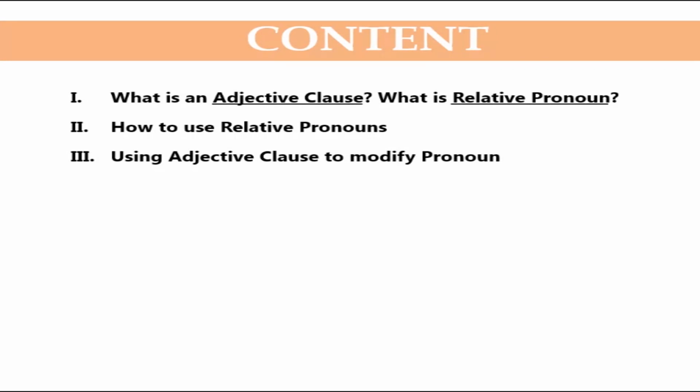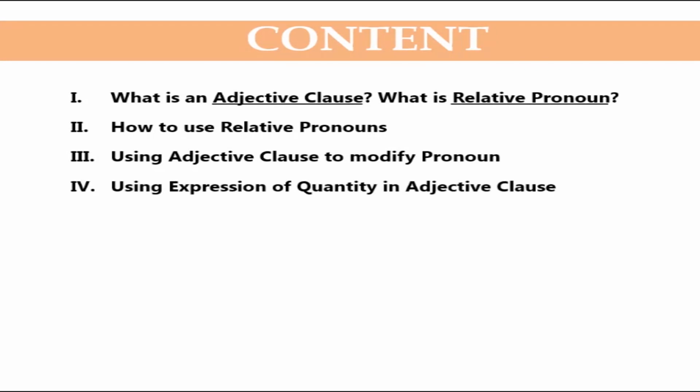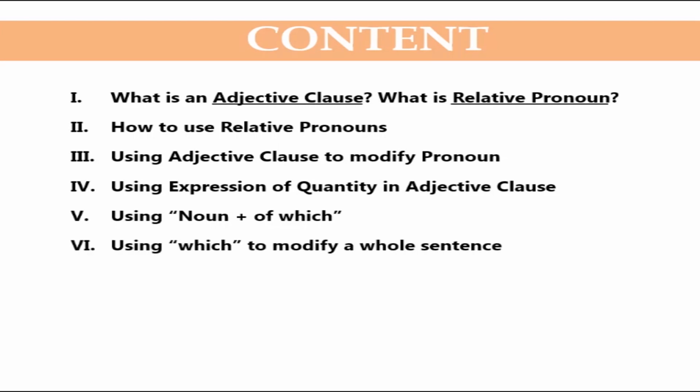Move on to the fourth point, we are going to focus on how to use the expression of quantity in the adjective clause. And then for the fifth point, we are going to study about how to use noun plus of which. For the sixth point, we are going to study about how to use which to modify a whole sentence.